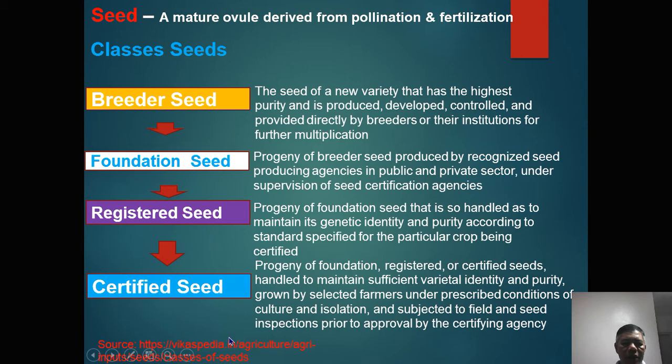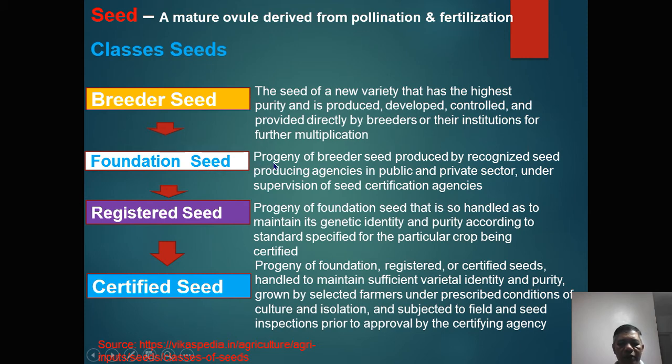We have the breeder seed, the seed of a new variety that has the highest purity and is produced, developed, controlled, and provided directly by breeders or their institutions for further multiplication. And the progeny of this is foundation seed.